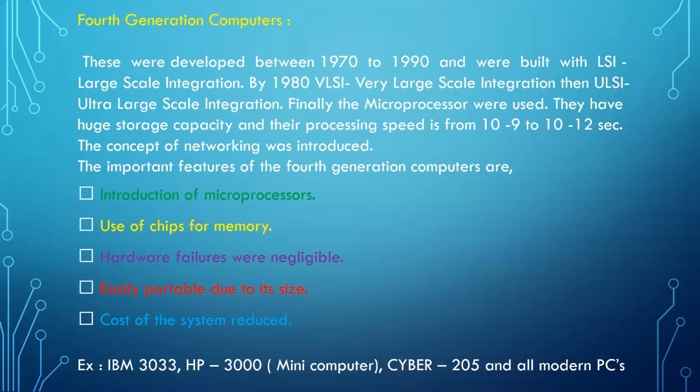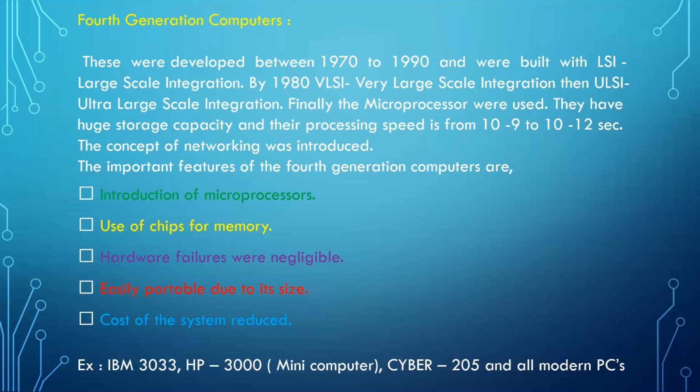We are getting new generations of computers, but the cost of the computers is reducing from generation to generation. First generation computers were very expensive compared to second generation computers. Second generation computers are cheaper compared to first generation computers. When you compare the fourth generation computer with its predecessors, the cost was reduced enormously. That's why the last important feature of the fourth generation computers is that the cost of the system is reduced.